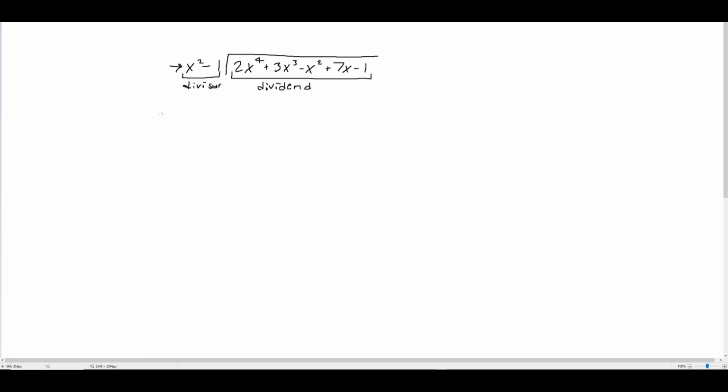So for the divisor, it'll be 1x squared plus 0x minus 1. These are the coefficients, so the array would be 1, 0, and negative 1. And for the dividend, it'll be 2, 3, negative 1, 7, and negative 1.